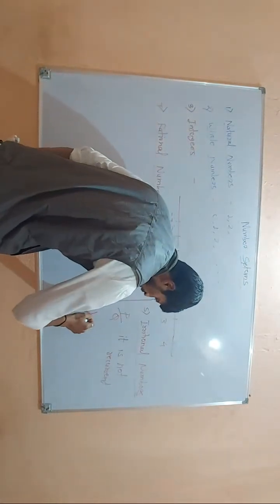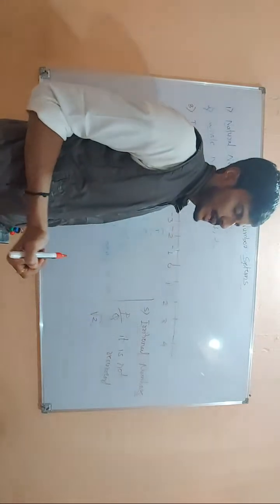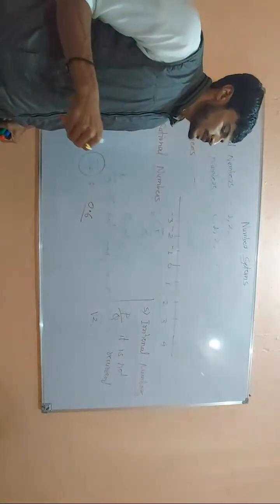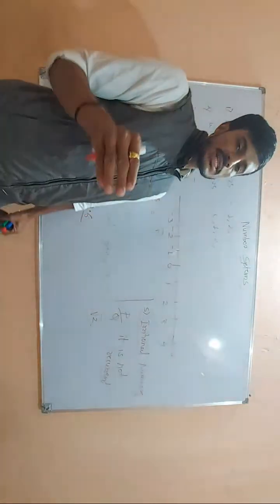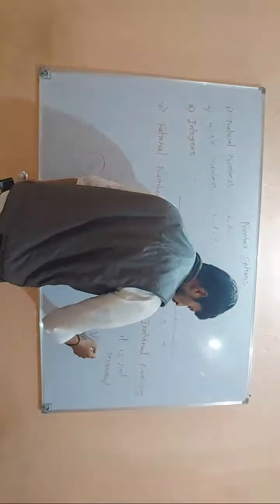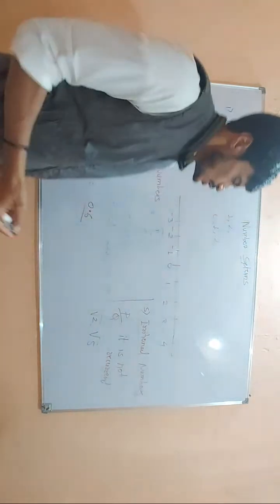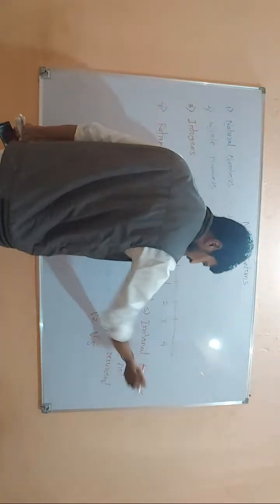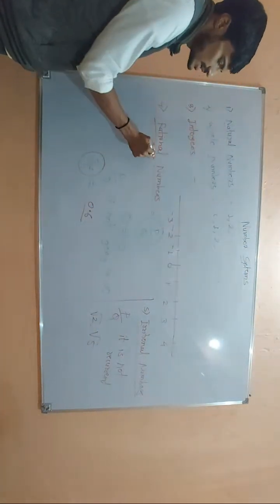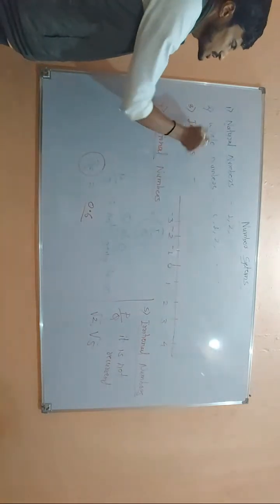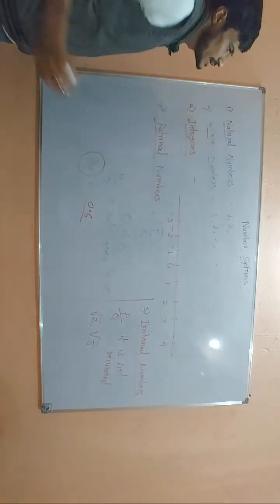Let us take root 2. If you take the value of root 2, then every digit is different. If you take root 5 and likewise, all these are irrational numbers, and here are the rational numbers, integers, whole numbers and natural numbers.